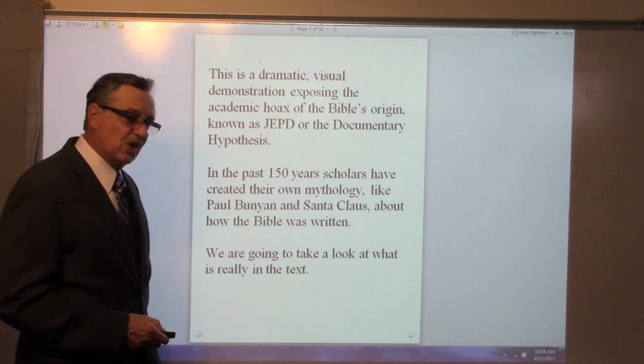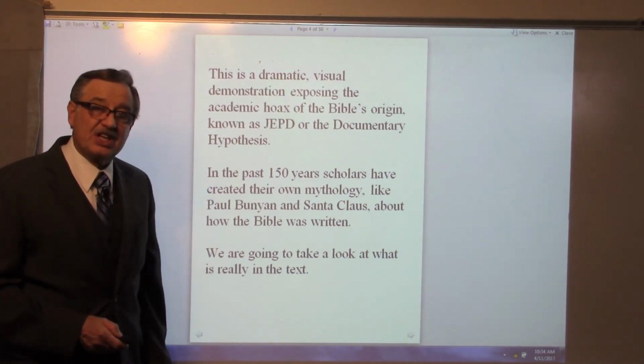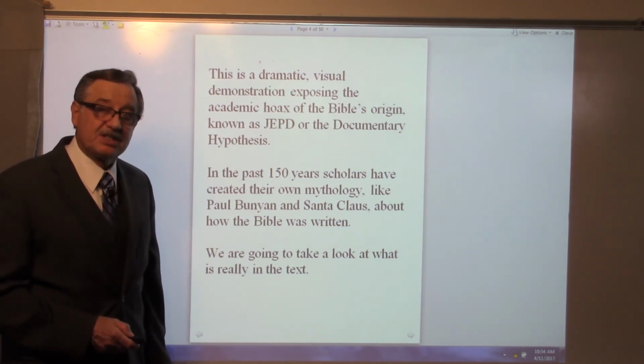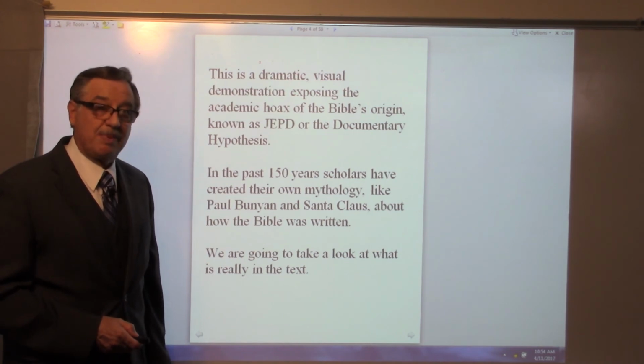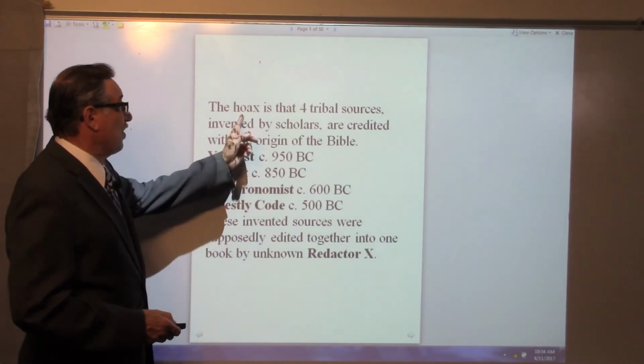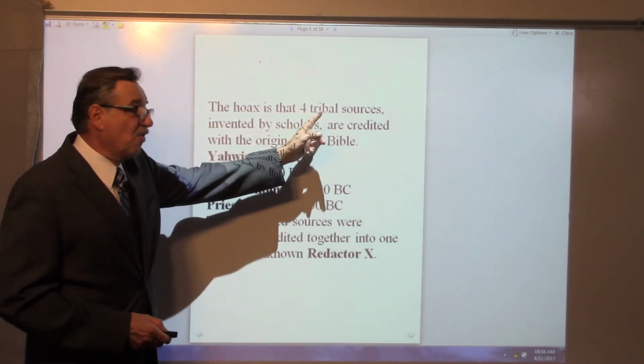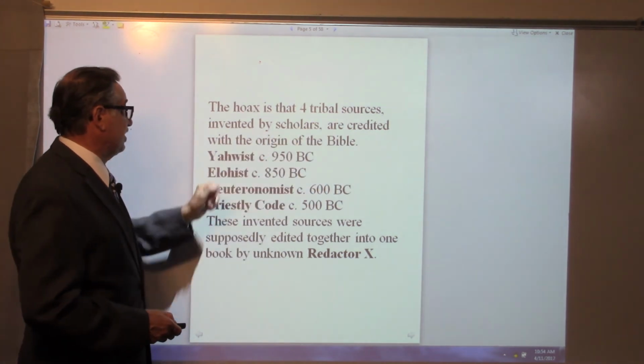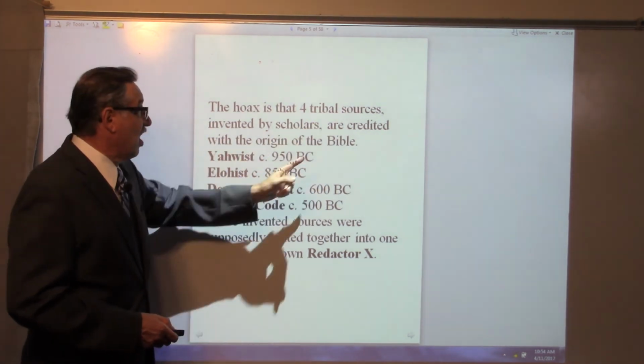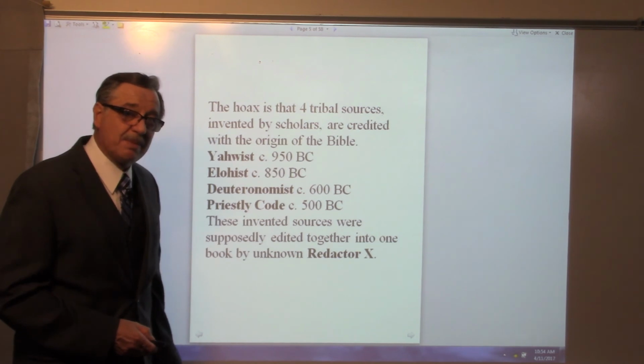We're going to take a look at what is actually in the text in regard to this supposed hypothesis. The hoax is that 4 tribal sources invented by scholars are credited with the origin of the Bible.